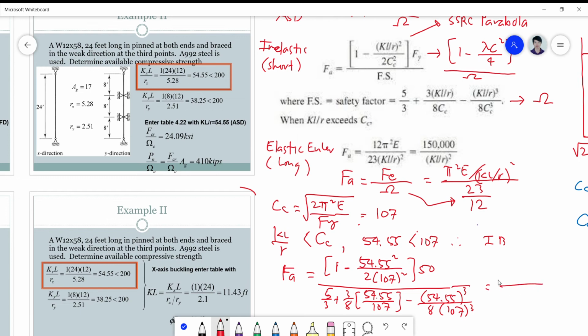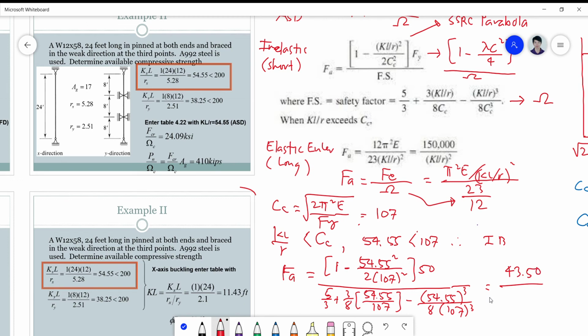Let's separate the numerator from the denominator. The numerator is 43.5.